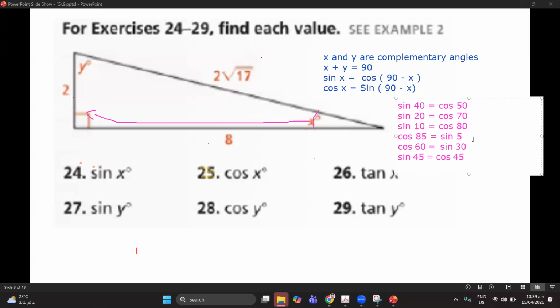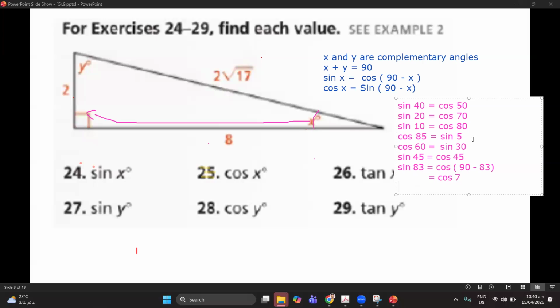No, Arish, see. If I ask you sine 83, what will I do? Cosine of 90 minus 83, which is cosine of 7.